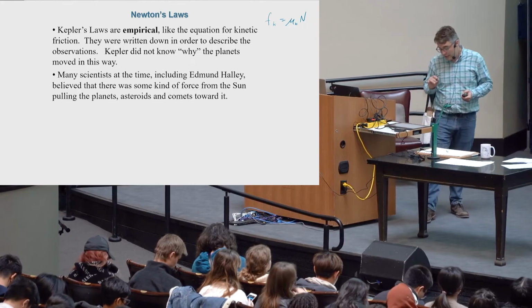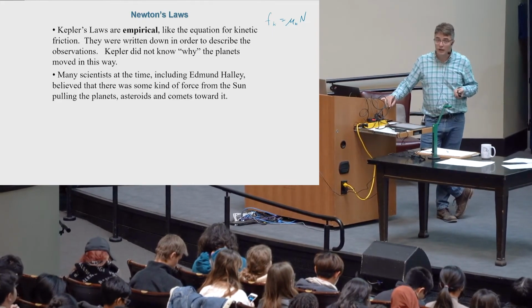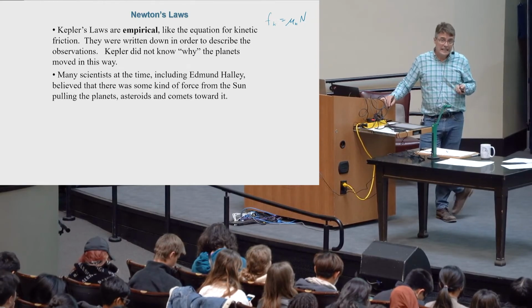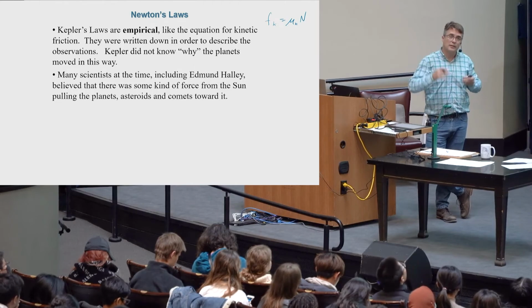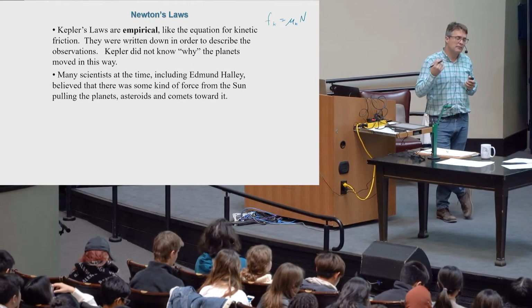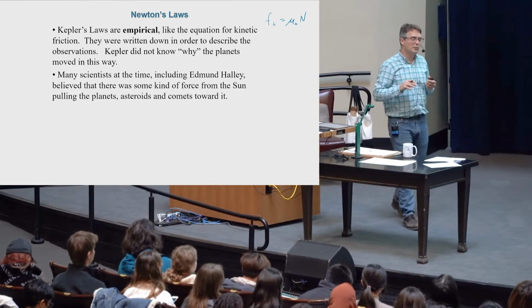A lot of scientists at the time, including Edmund Halley, the discoverer of Halley's Comet, believed that there must be some kind of force coming from the sun pulling the planets toward it. They also believed that that force decreased as the square of the distance from the sun, but they weren't quite sure.